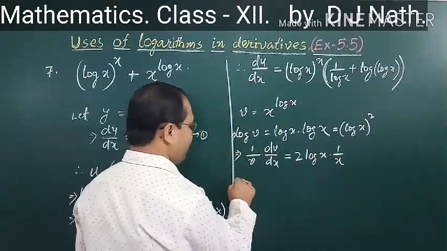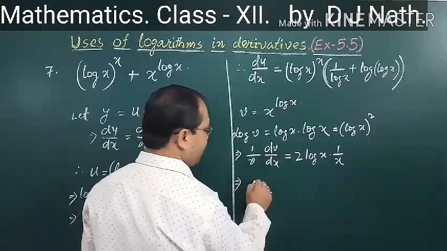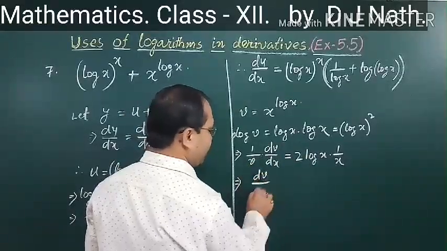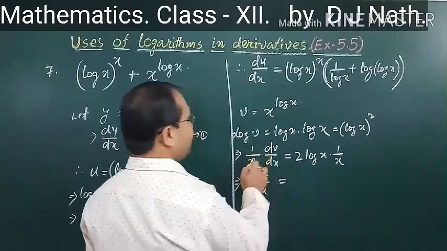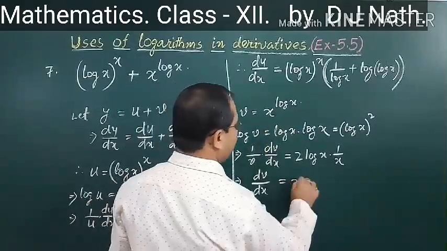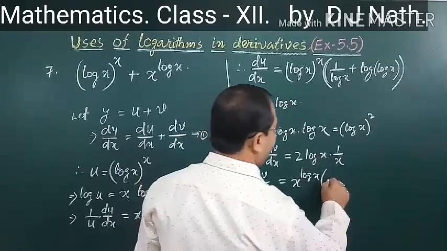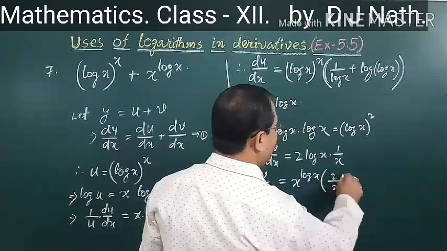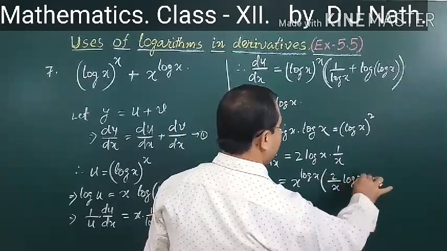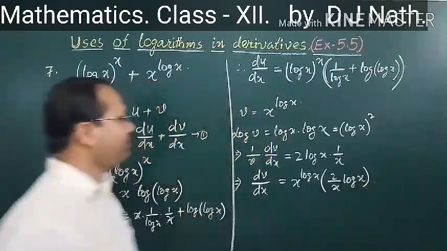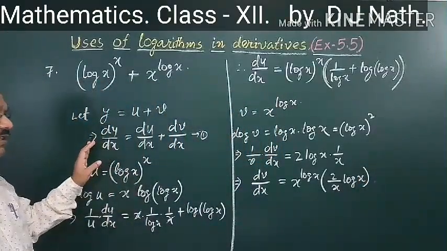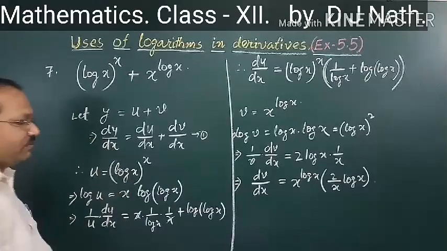So what will be dv/dx? v will be multiplied, so dv/dx will be equal to x to the power log x into 2 by x log x. That is dv/dx.